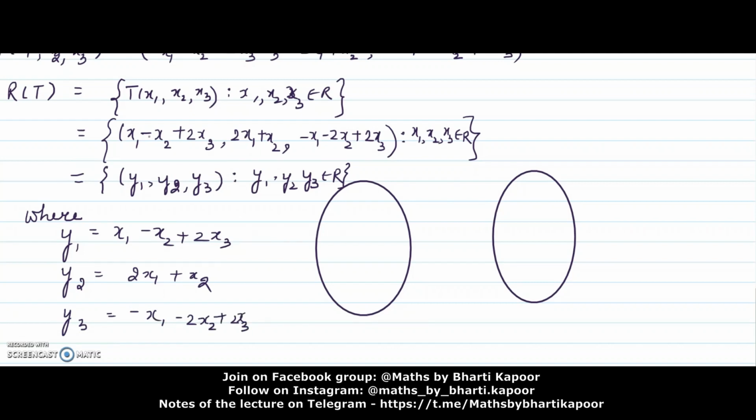So for the sake of simplicity, I have written y1, y2, y3 in place of these three numbers respectively.